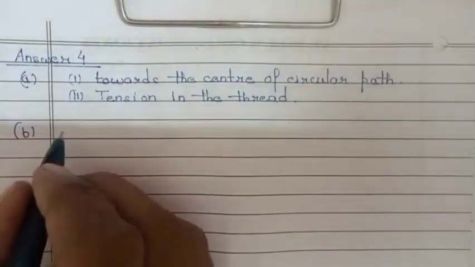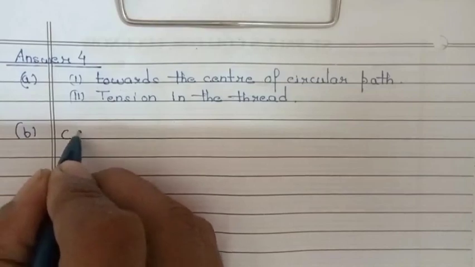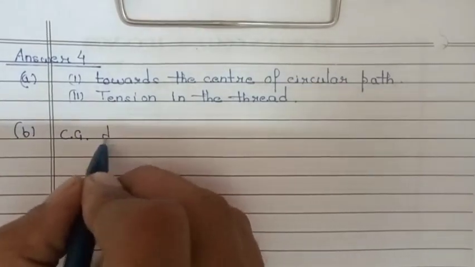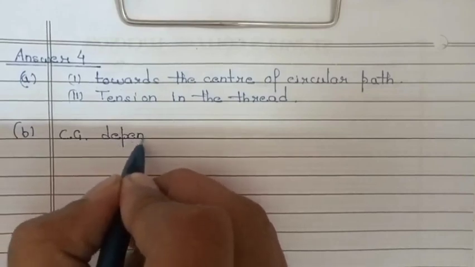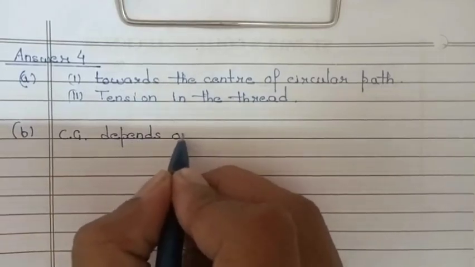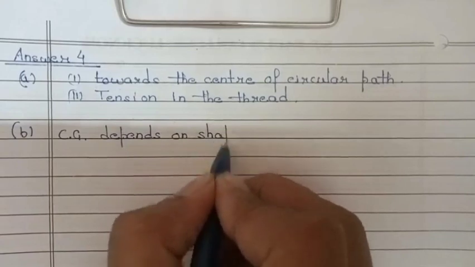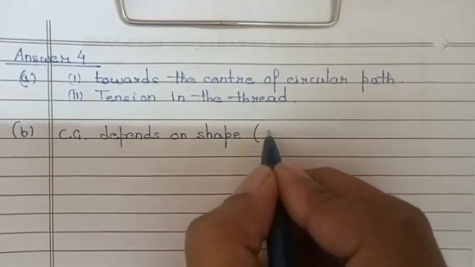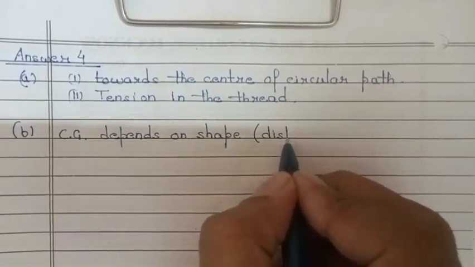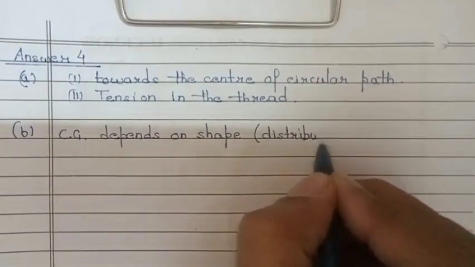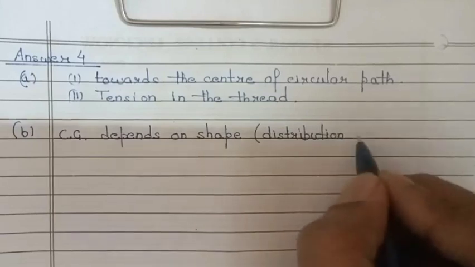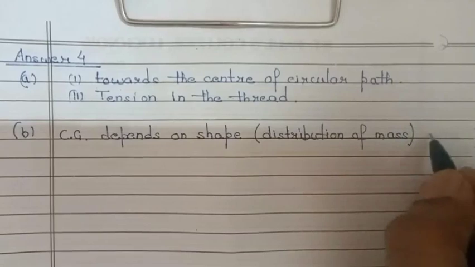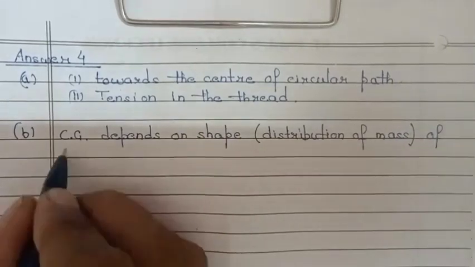I'm writing in short: center of gravity depends on the shape of the body, or you can say it depends upon the distribution of mass of the body.